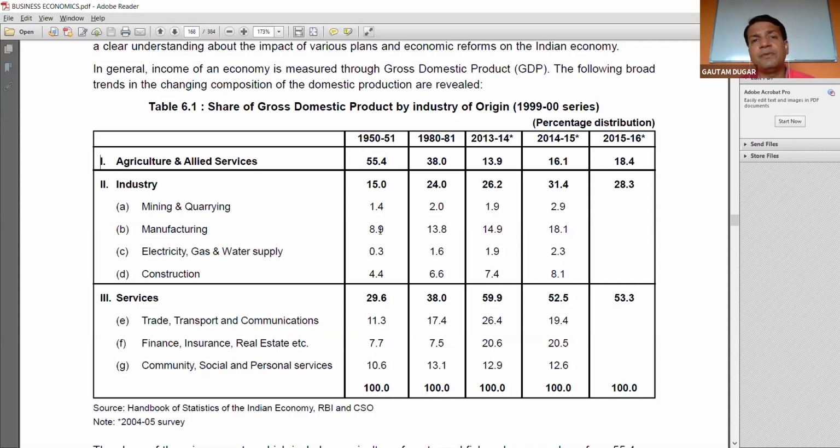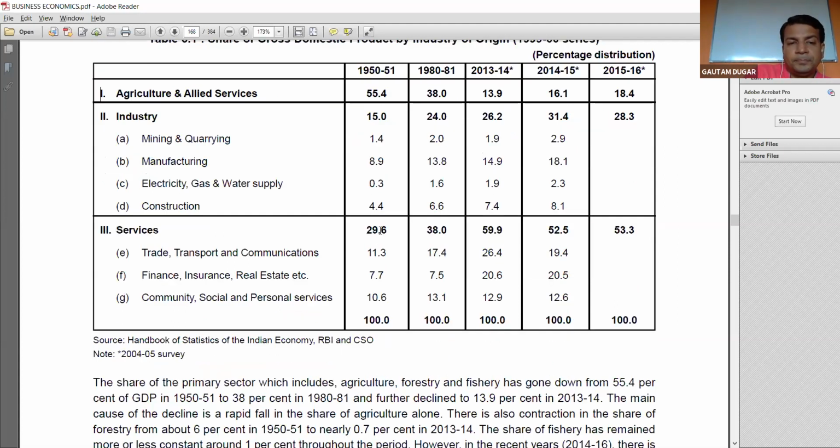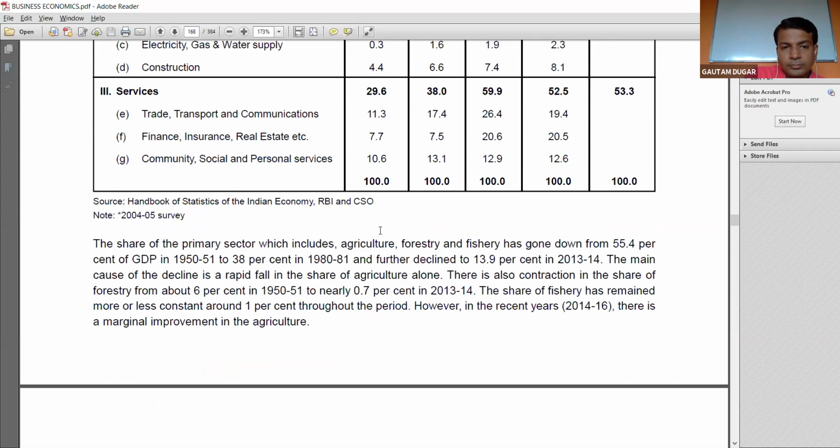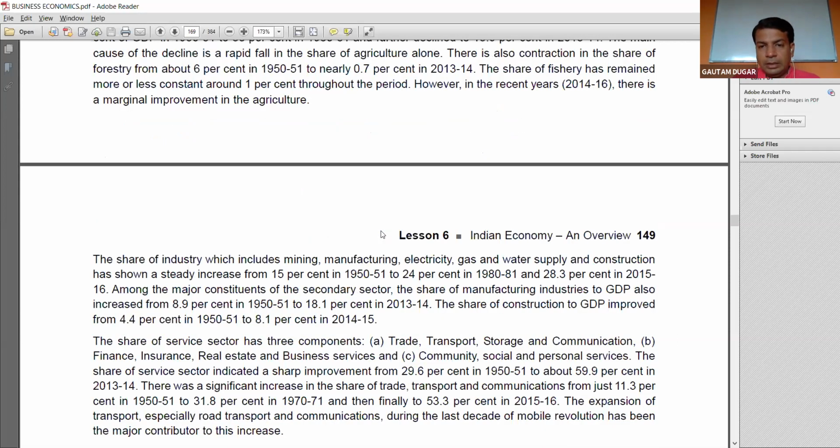Agriculture and allied services, that is the primary industries, are contributing just 18.4% of the GDP in 2015-2016, whereas the service sector is contributing the highest at 53.3%, and industries are contributing just 28.3%. That is what is given over here.